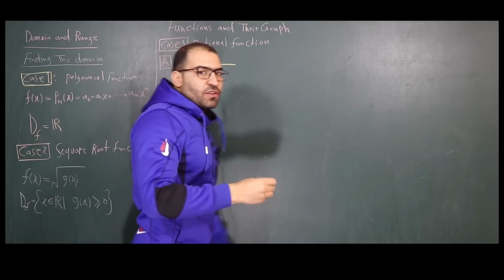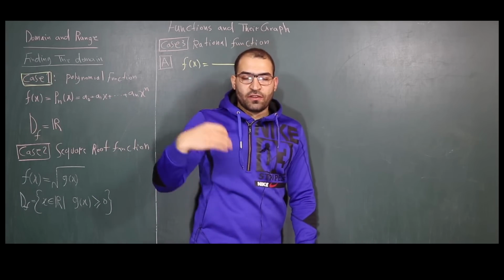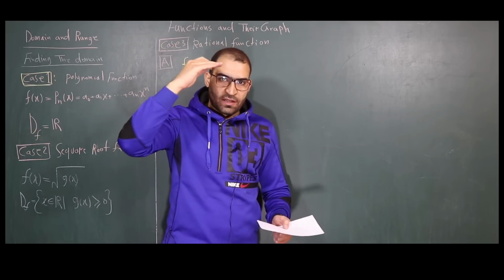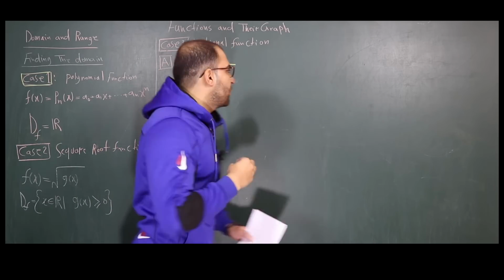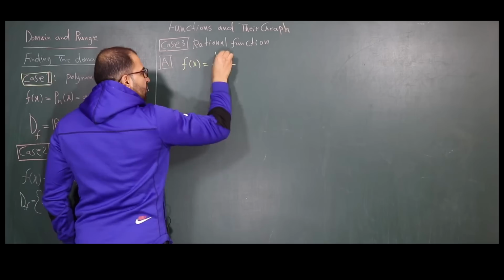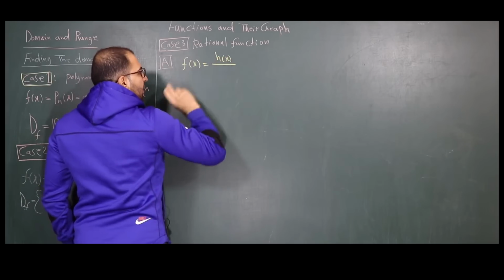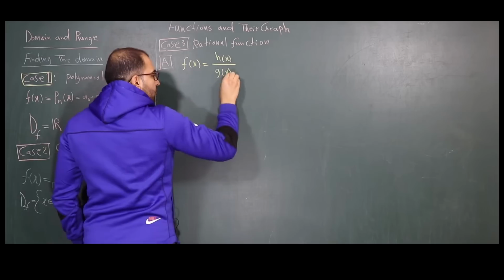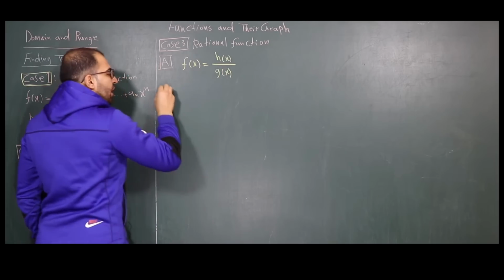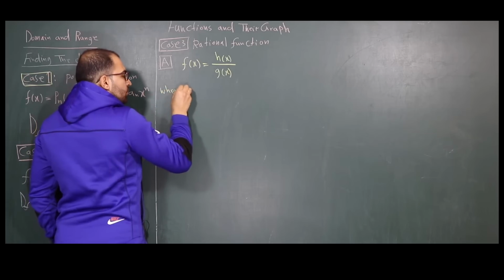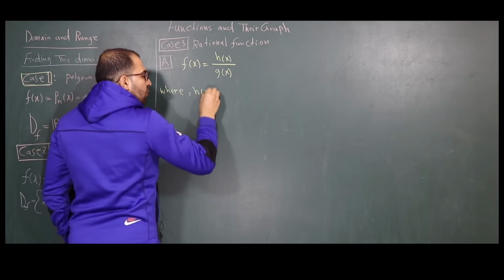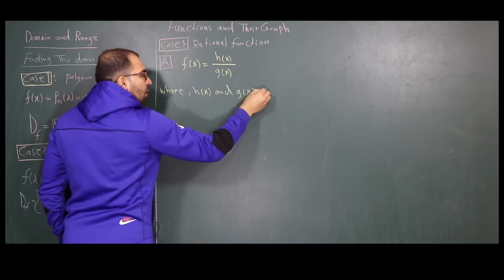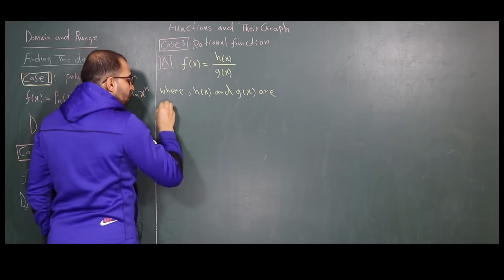By a rational function I mean a fraction, a function that consists of a numerator and a denominator. So I will assume h of x on the top and g of x on the bottom, in part A where h of x and g of x are polynomials.